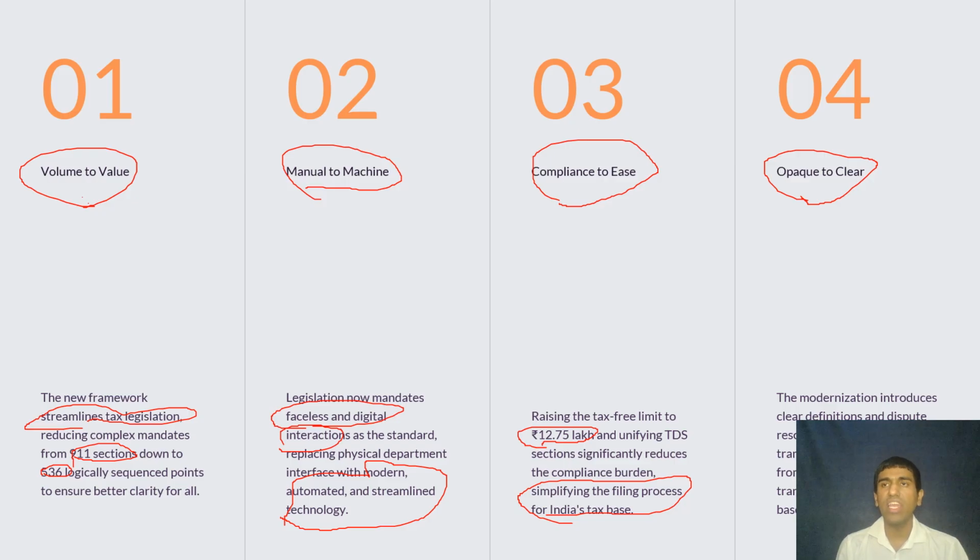If there is any confusion, it would be easily clarified, and there would be no complex legalities involved in transactions as before. So those are the benefits of the new act versus the old act.